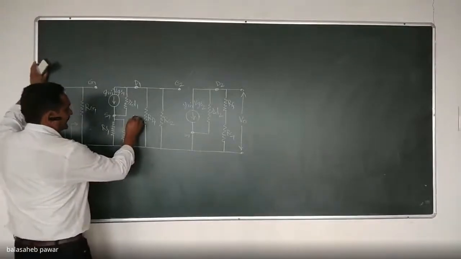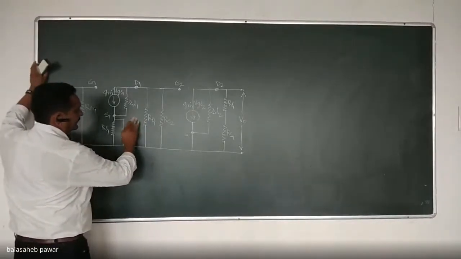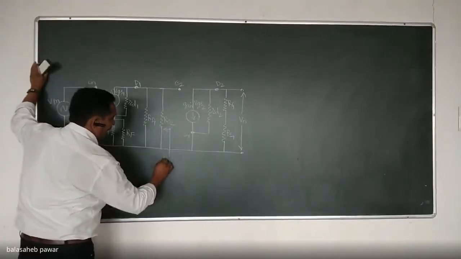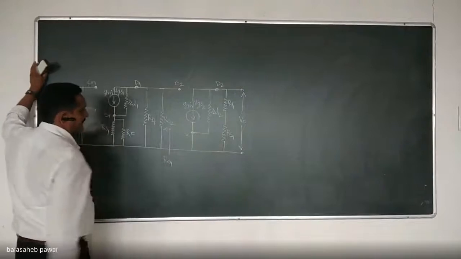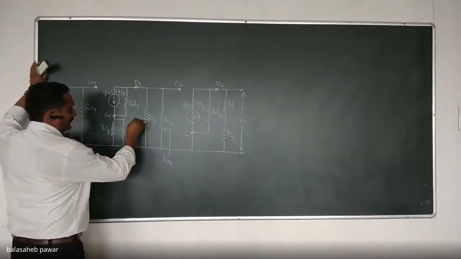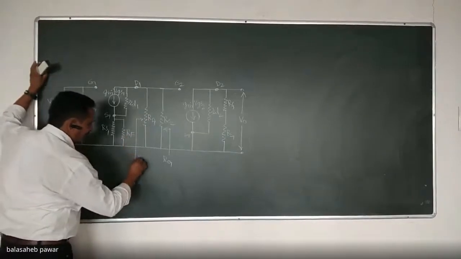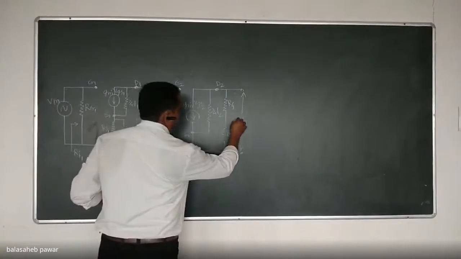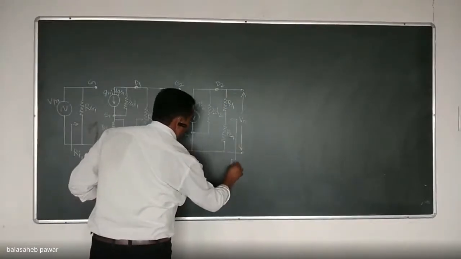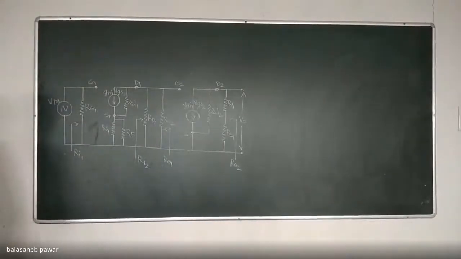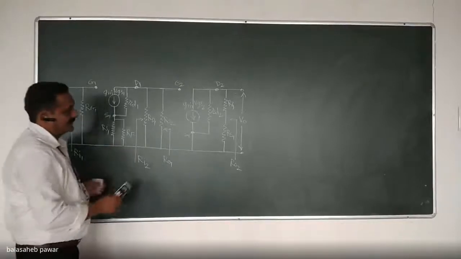Then this one is Ro of the first, and the same thing looking from the input of the second stage: this one is the Ri of the second, and this one is Ro of the second stage. Okay. Now one by one, we have to find out all these things.